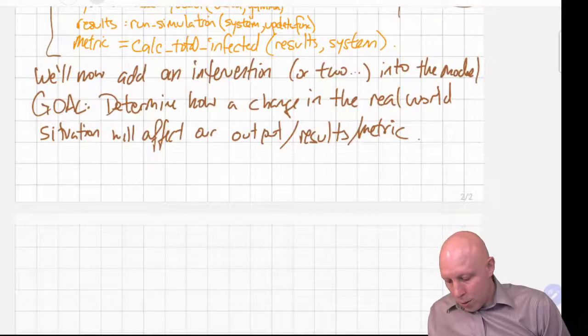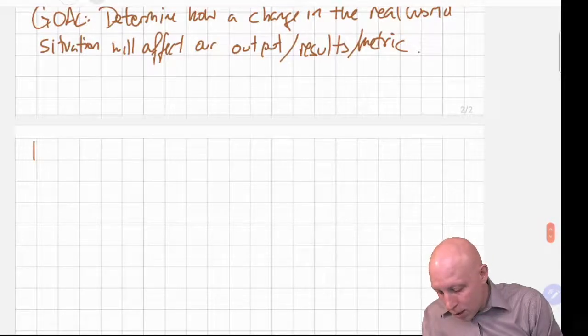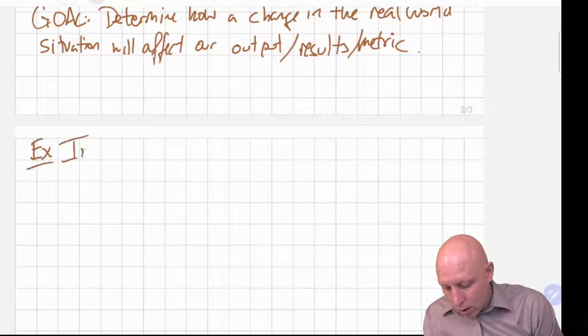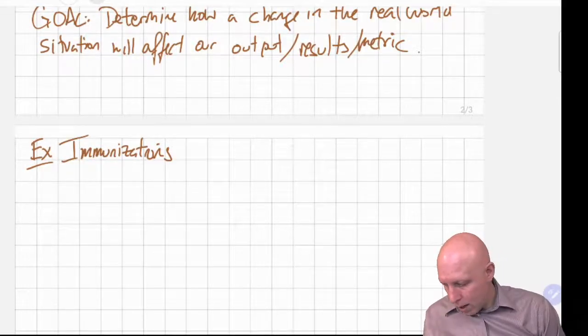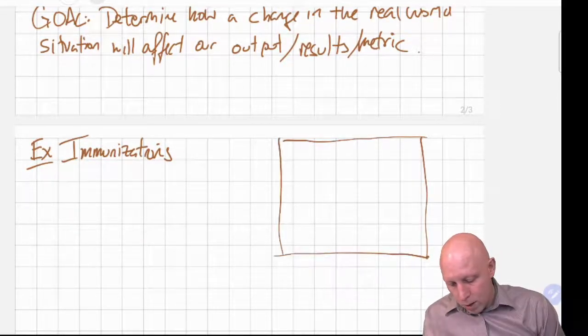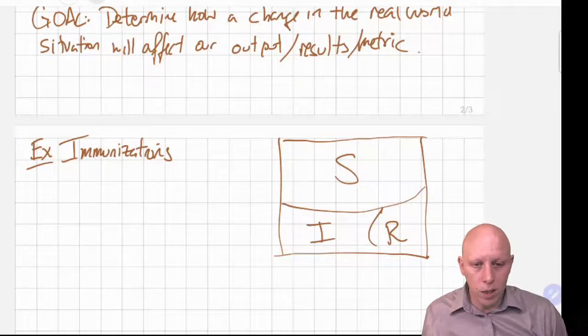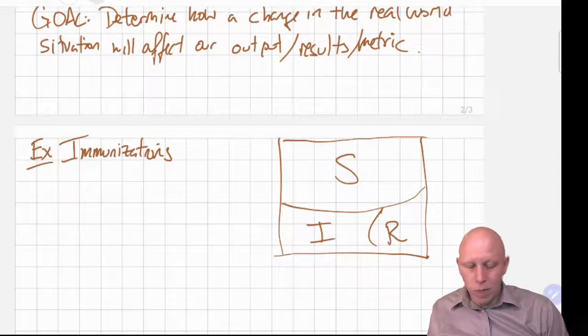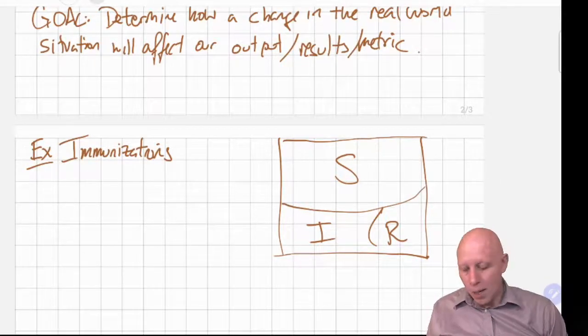All right, so the example that is probably on a lot of people's minds is the idea of immunizations. What I'm thinking about here is we've got some susceptible part of the population, some resistant part of the population, and some infected part of the population, and what we'd like to do is immunize some people. Let's immunize some susceptible people.